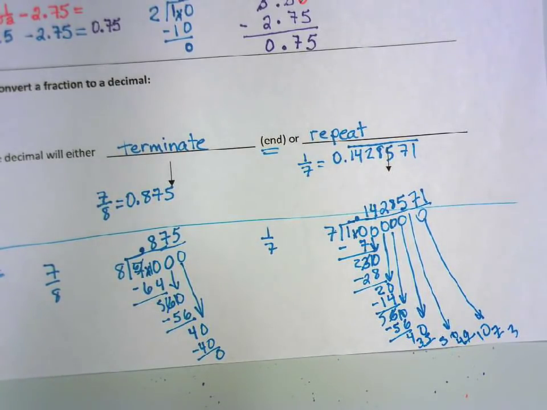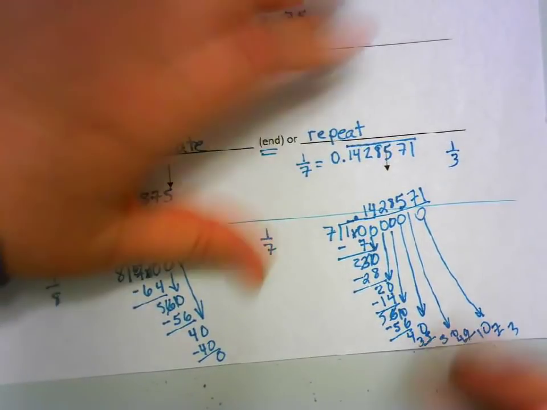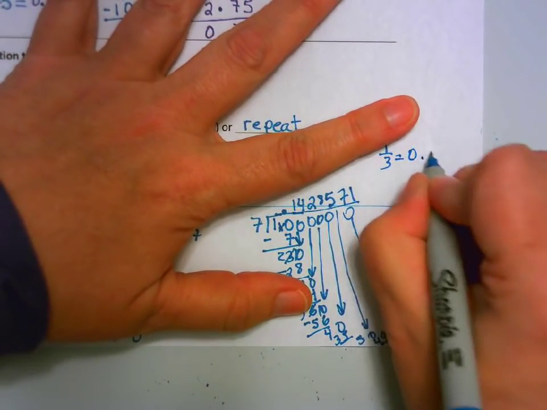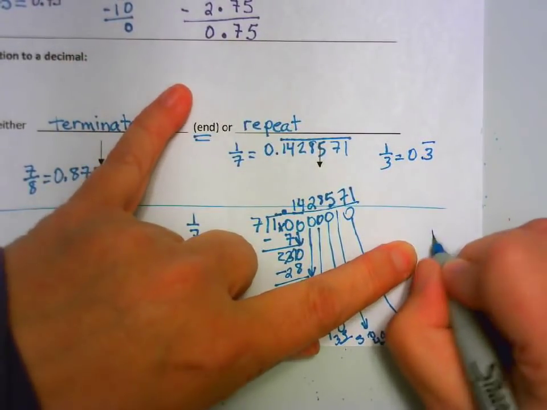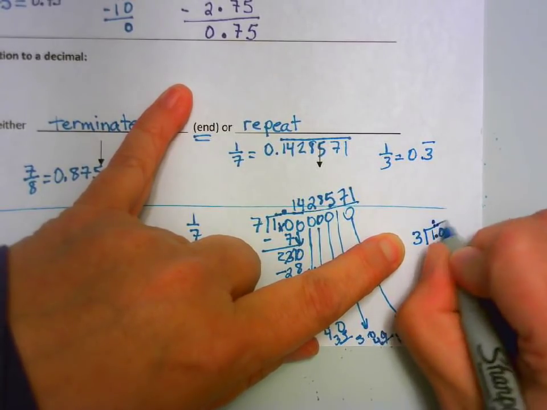Some are a lot easier. We know things like 1/3. We've done this one enough that we know that that is 0.3 repeating. Where does that come from? 1 divided by 3. And it goes in 3.